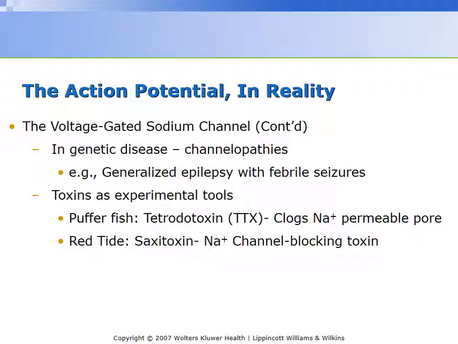Besides that, we have some other tools to help us study the nervous system, one of them being tetrodotoxin. Tetrodotoxin is one of the most potent toxins known, and it's generated by pufferfish, and apparently it's a delicacy in some cultures.